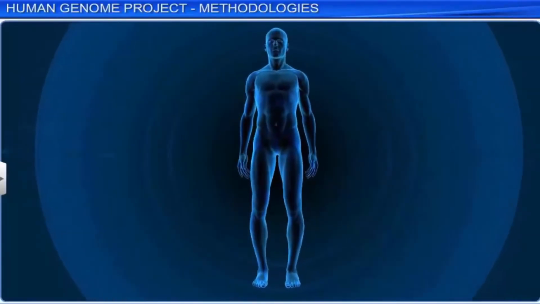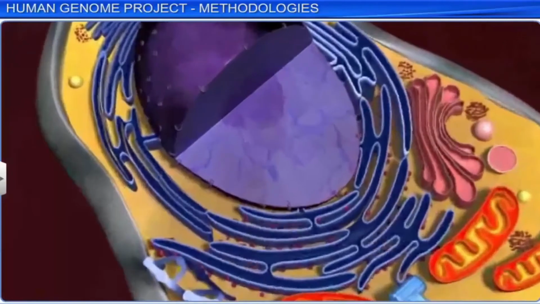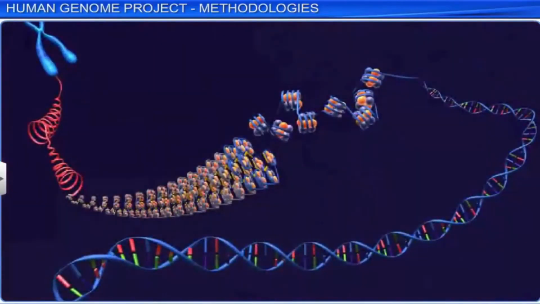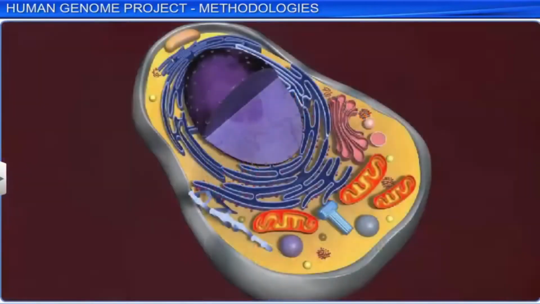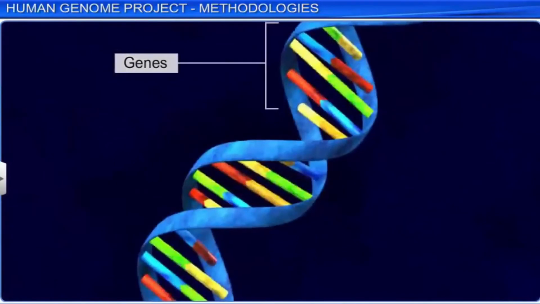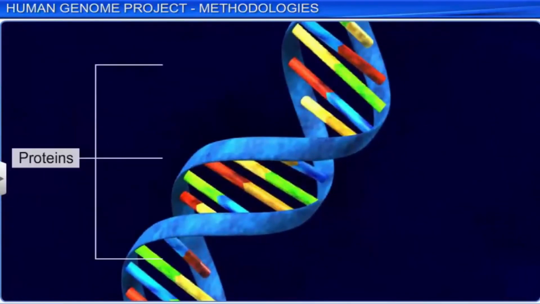For example, biological researchers could now study all the transcripts in an organ, tissue, or tumor. It was also possible to study how thousands of genes and proteins work together inside our cells.